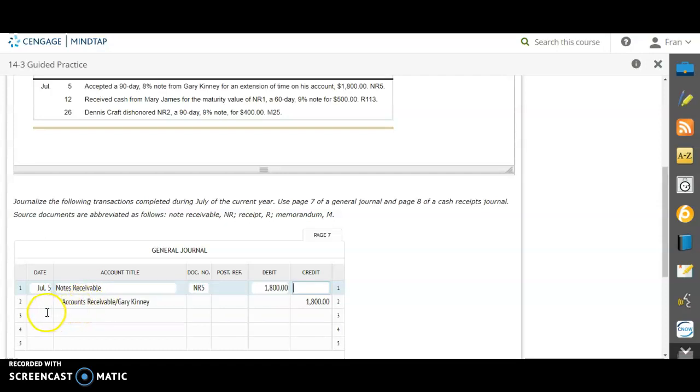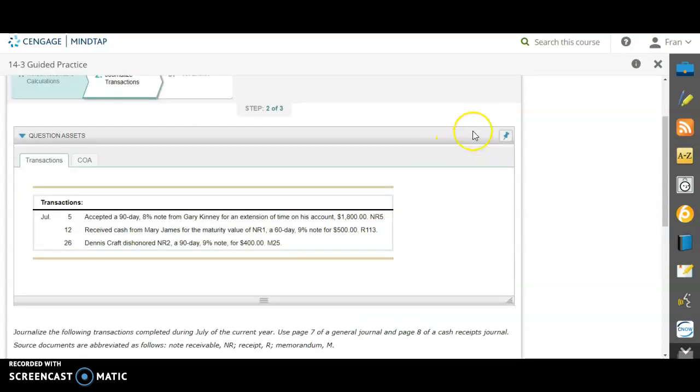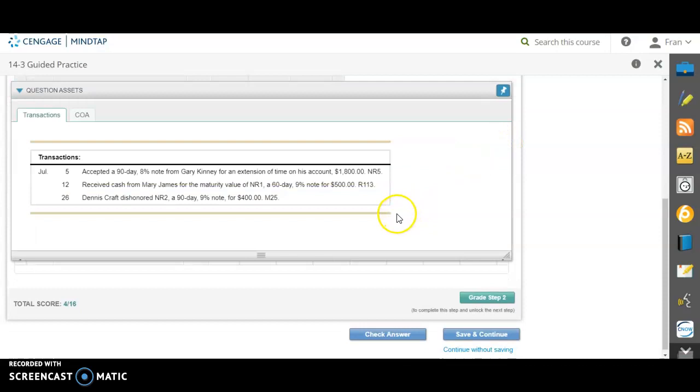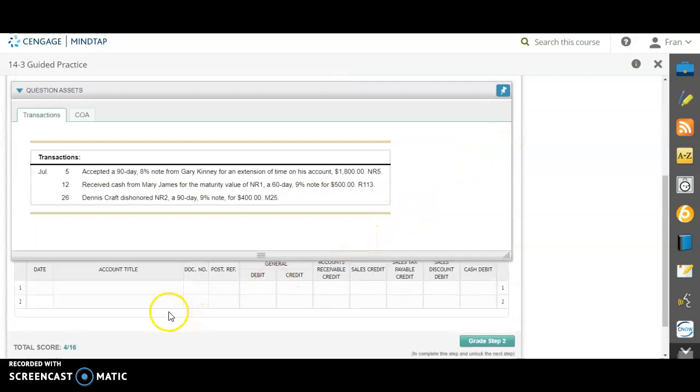All right, the next one. Received cash from Mary Janes for the maturity value of Note 1, a 60-day 9% note for $500. So for this one, let's unpin this. We are going to have to go into our cash receipts. July 12th.